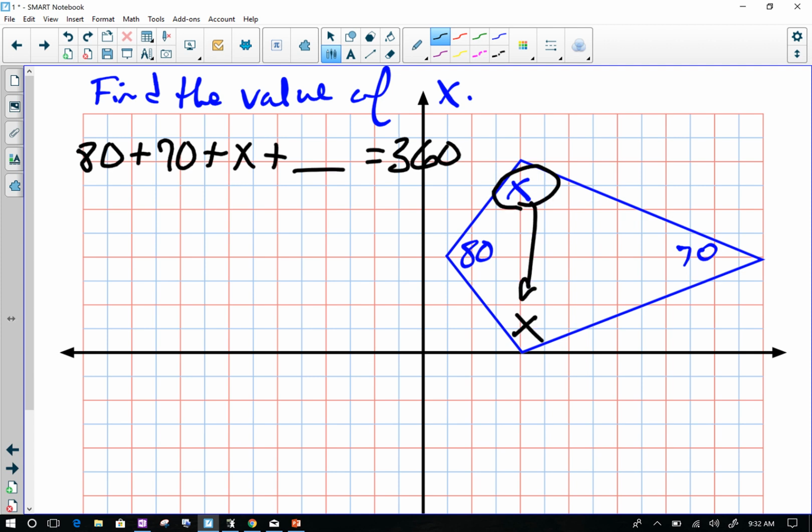These are our two congruent angles here, so if one of them is x, the other one has to be x. And that completes our equation. Now we got all four angles adding to 360. That would give us 150 plus 2x equals 360.